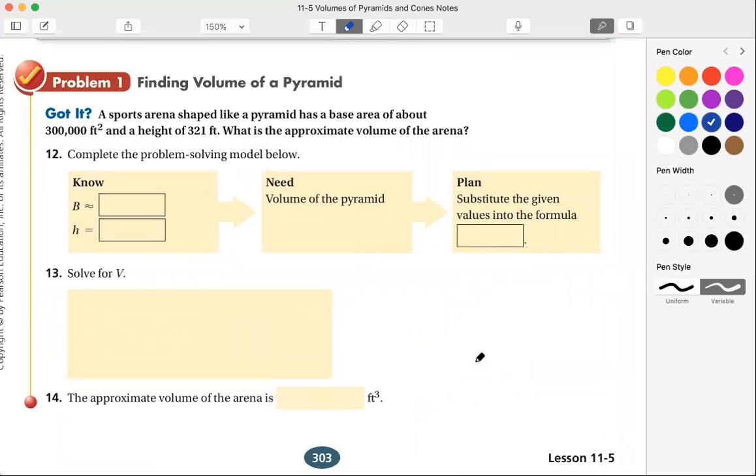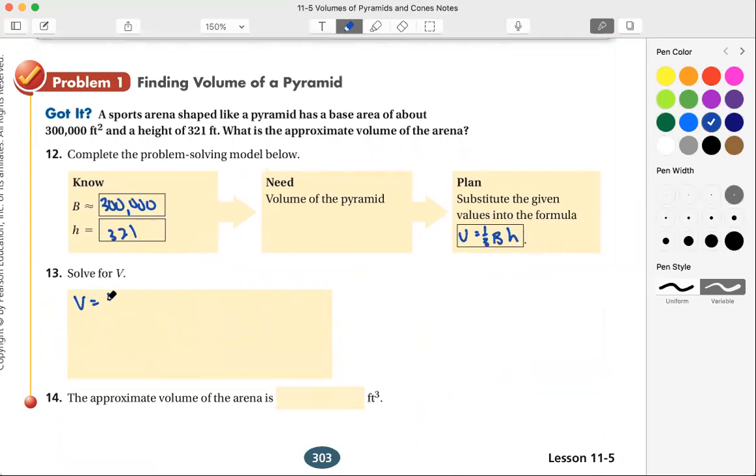All right, so a sports arena shaped like a pyramid has a base area of about 300,000 feet squared and a height of 321 feet. What is the approximate volume of the arena? All right, so we know that the area of the base is 300,000. We know the height is 321. We want the volume. The volume of this equation is 1/3 area of the base times the height.